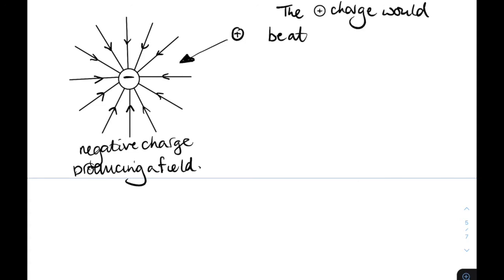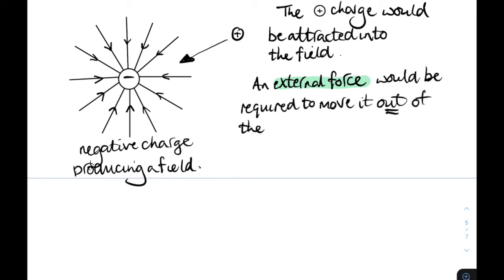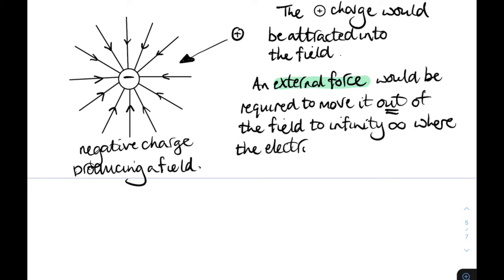The positive charge is attracted to the negative central charge, but an external force would be required to move the positive charge further out, in fact to move it to infinity where the potential would be zero.